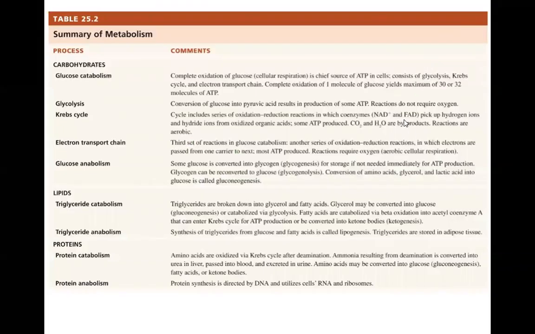So that is a finishing of our metabolism aspect of things. We talked first about carbs, both catabolism and anabolism. Talked a lot about catabolism of glucose through the various aspects of ATP production.